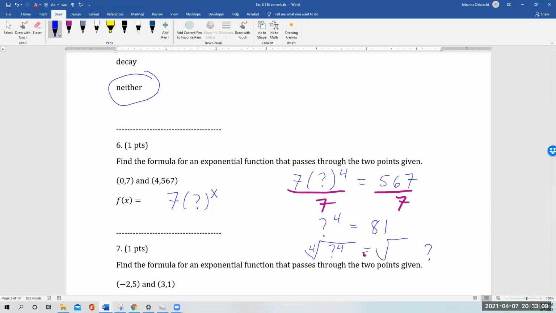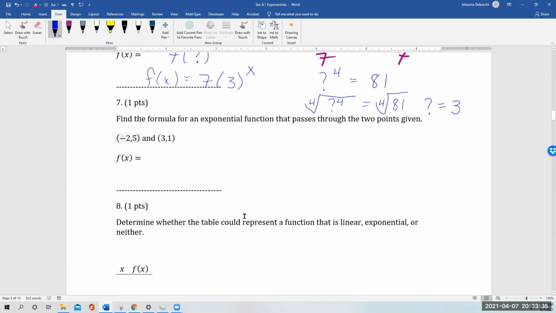On this side, I take the 4th root of 81, and I know that 81 is 3 to the 4th, and I come up with the unknown being 3. Therefore, my equation should be f of x equal to 7 times the base 3 raised to the x power. That's my exponential equation.